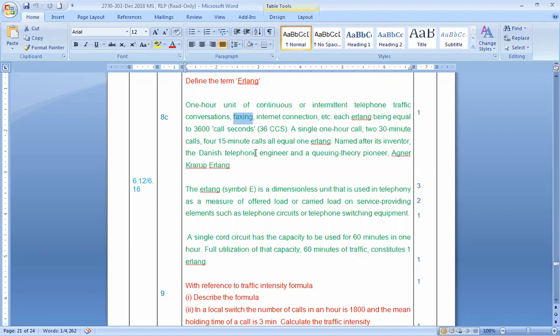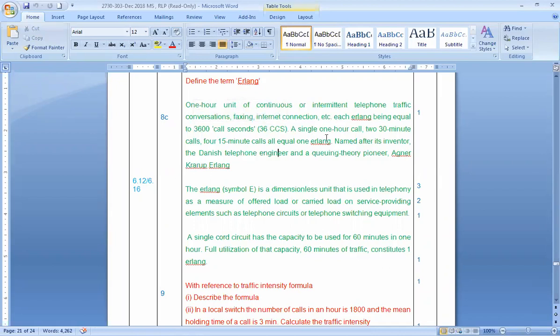It is not in the form of voice but a printout, sent instantaneously. One Erlang is equal to 3600 call seconds, which can also be called 36 CCS.